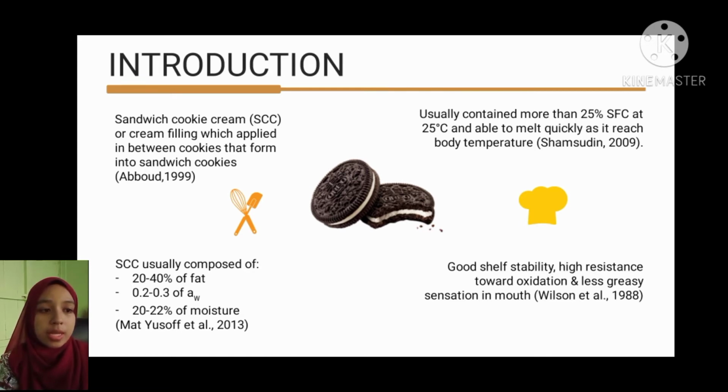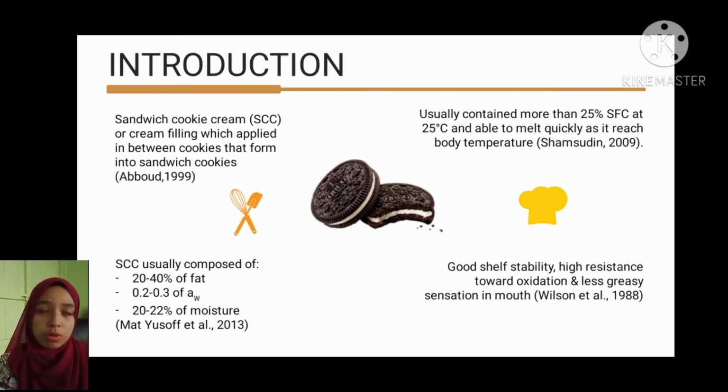Basically, this SCC for short is usually composed of 20 to 40% fats, 0.2 to 0.3% water activity, and 20 to 22% moisture. SCC usually contains more than 25% solid fat content at 25 degrees Celsius and is able to melt quickly as it reaches body temperature.